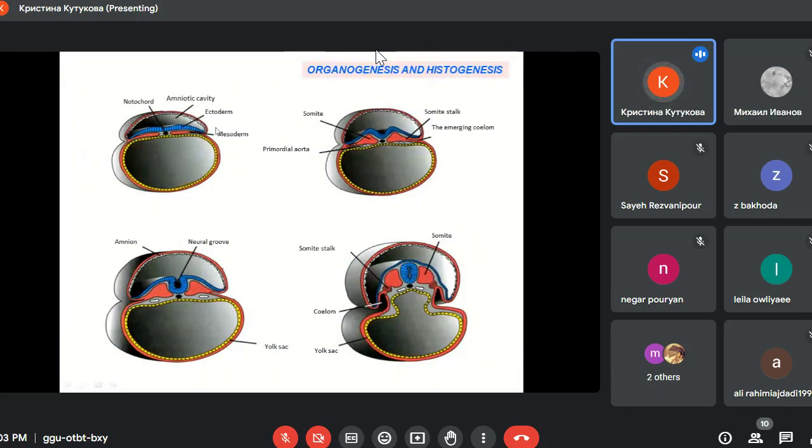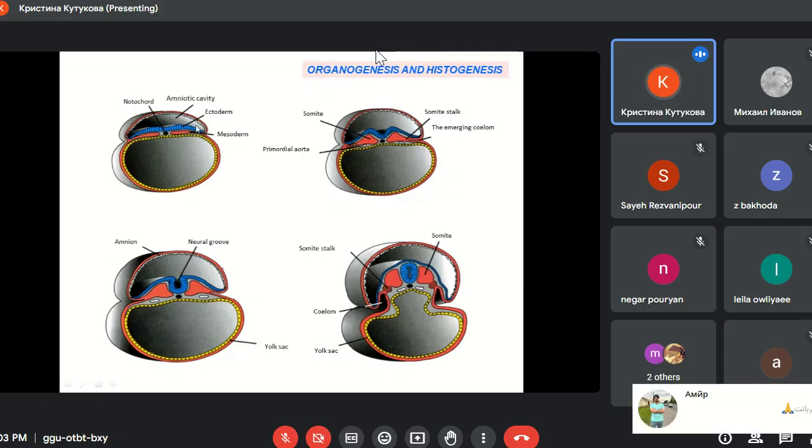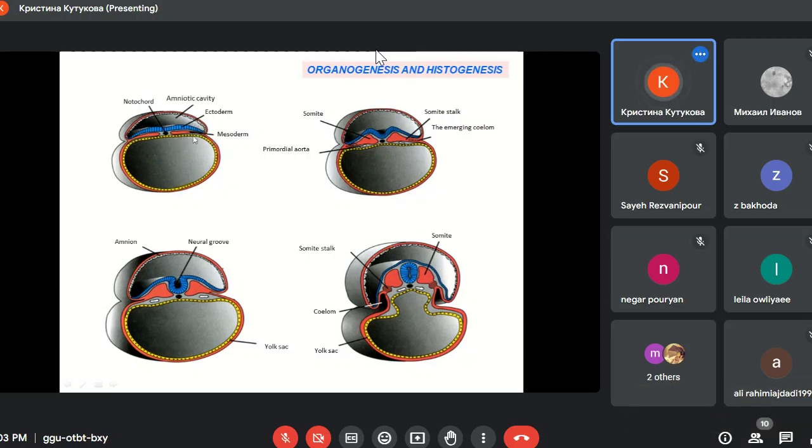Next, when we finally have 3 layers in our embryo, ectoderm, mesoderm, and endoderm, so this is the embryo itself. Above it is amnion, below it is yolk sac. So now we have 3 layers in the embryo, and now histogenesis and organogenesis start.